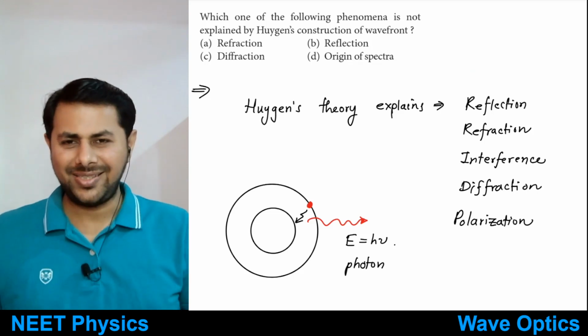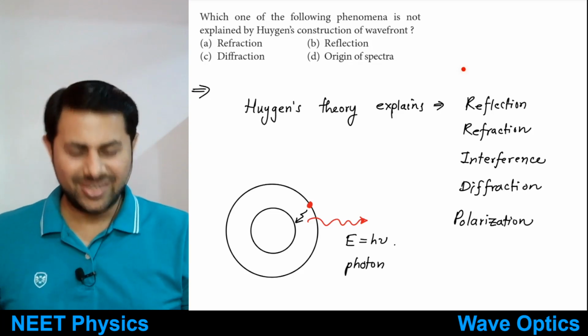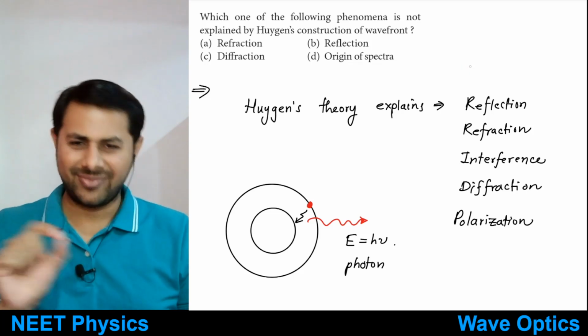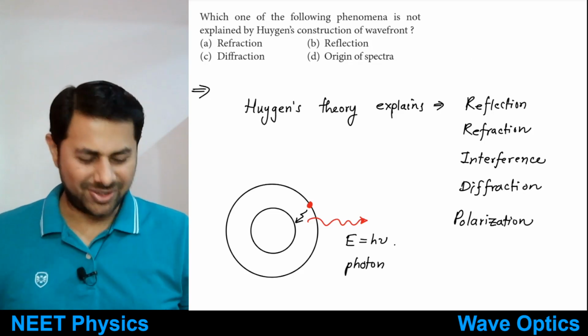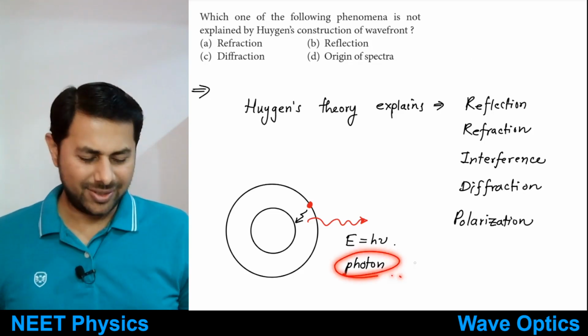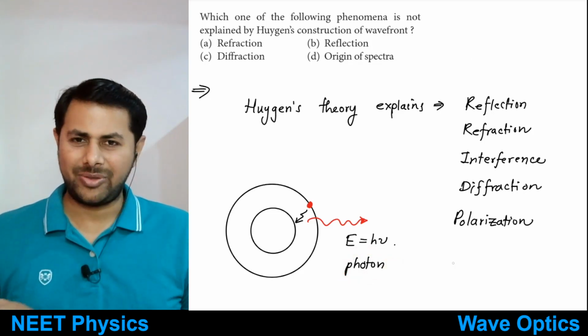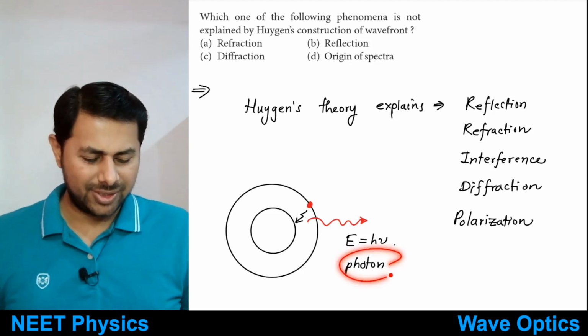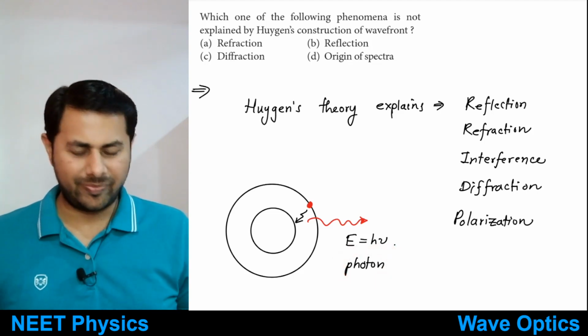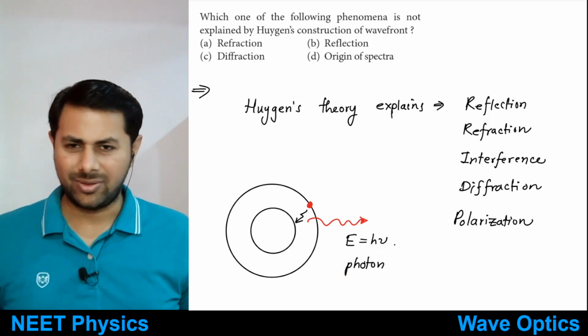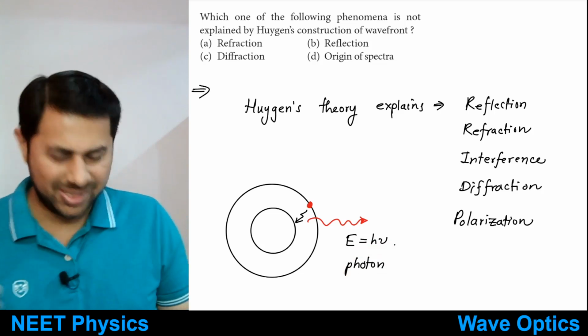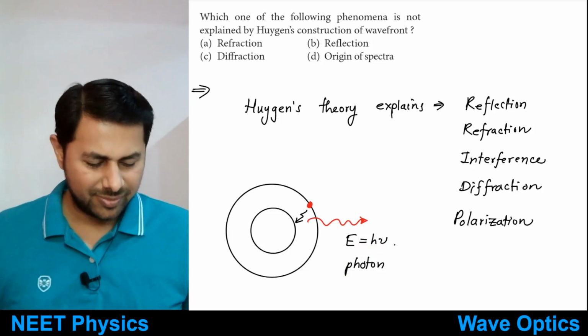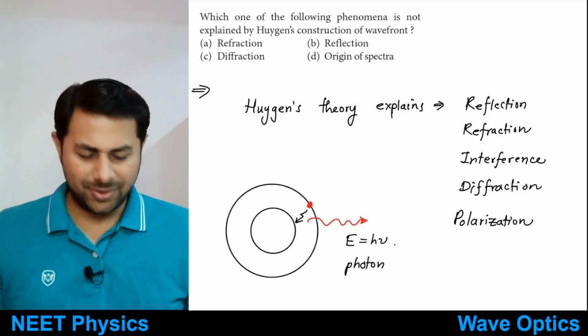Okay, so then Einstein came and he said that no, light is made up of kind of particles, packets of energy called photons. Okay, so before Einstein, actually there was Max Planck, who used this theory to explain the black body radiations. Now black body and these things are removed from our syllabus, but anyways.